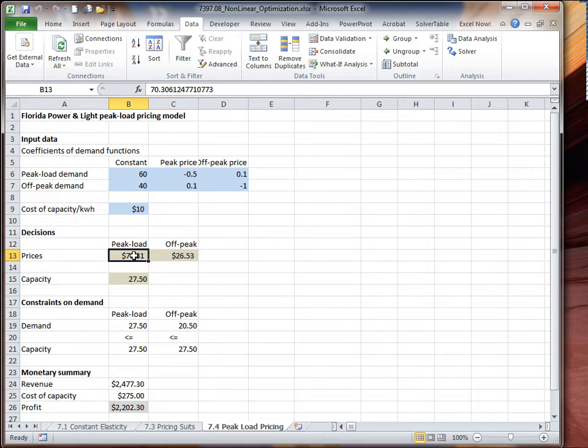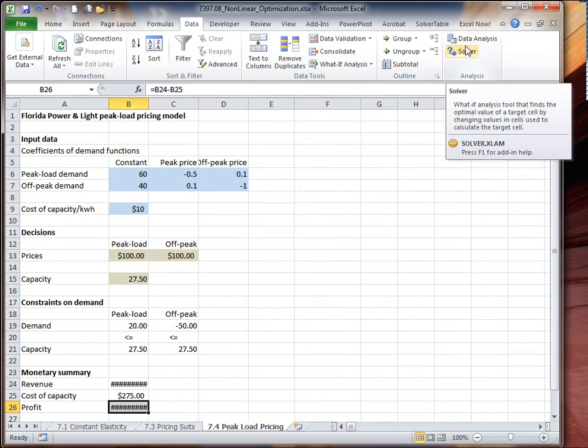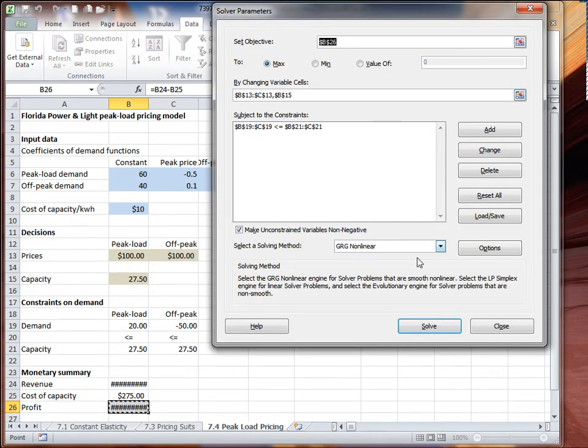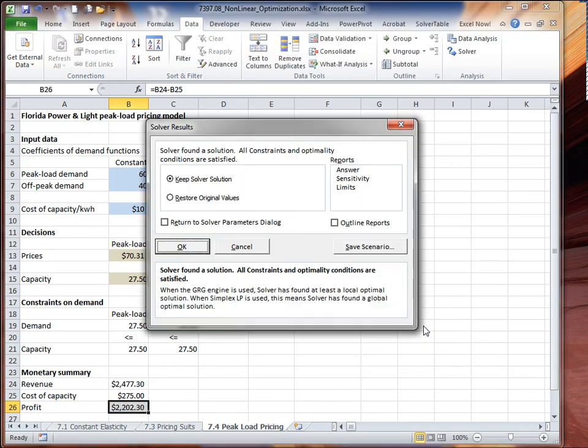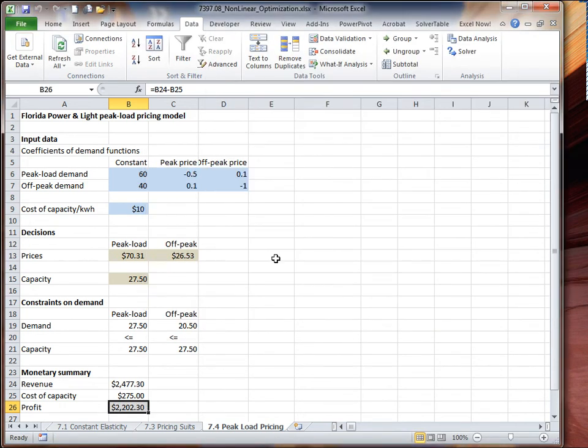What if instead of blanks, I had put 100s in here? Would it still end up at 70 and 26? I think the answer is yes. So I just did a multi-start too. I started at 0, I started at 100, and both cases converged on the same answers.